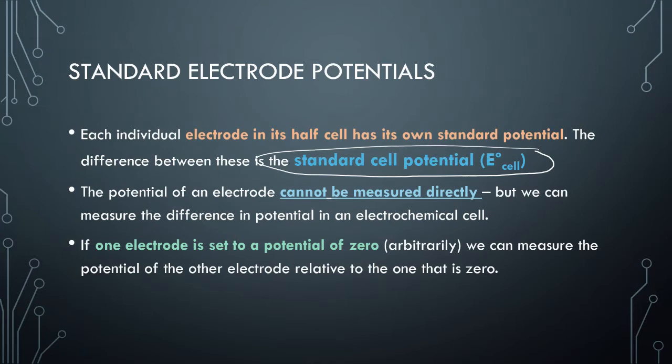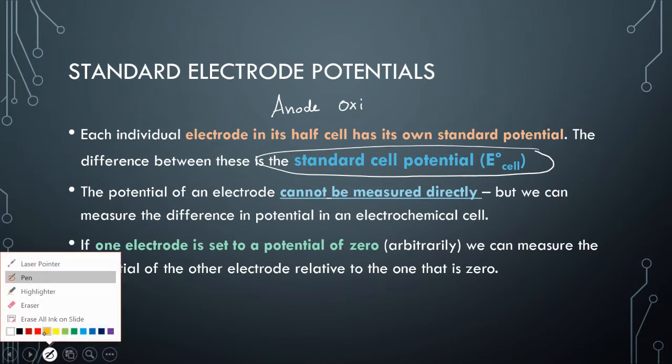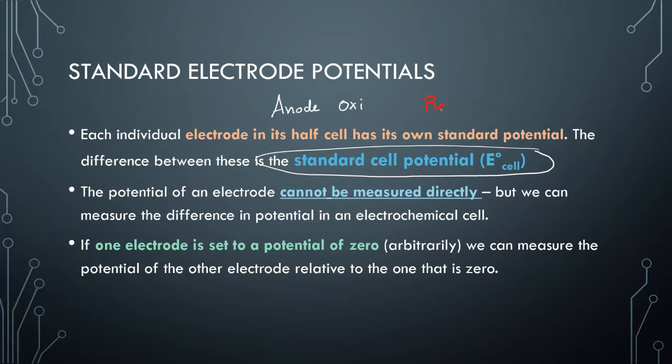And if you remember, oxidation happens at the anode, and reduction happens at the cathode. Okay, reduction happens at the cathode. So you should remember this as an ox, red cat. Here's your, it does not look like an ox.